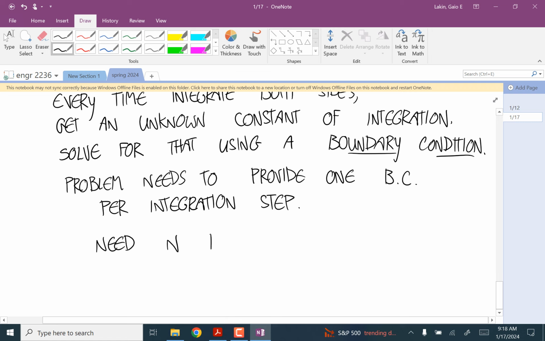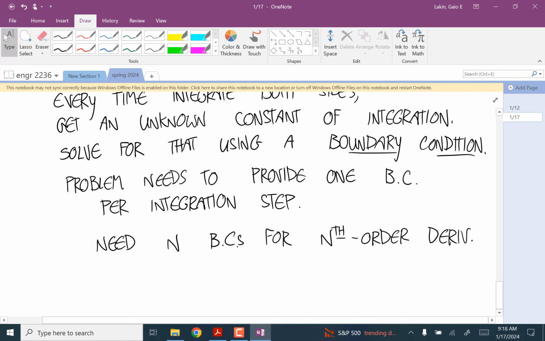You need n boundary conditions for an nth order derivative. I'm starting out with just first order problems, but we'll get on to those. So let's do an example.